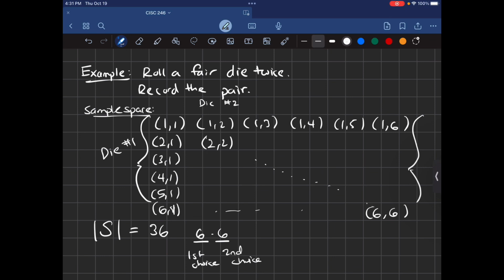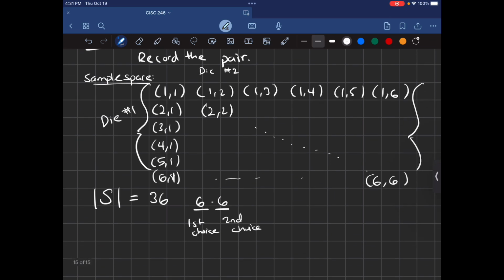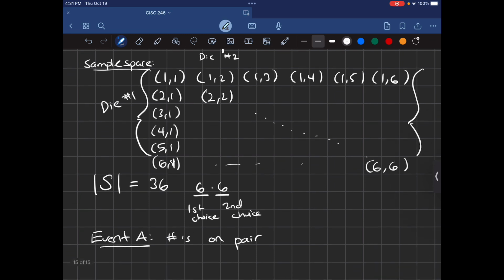And what's an event? We'll define an event in this situation. Event A will be the numbers on the pair are matching. So for example, event A could be 1,1; 2,2; 3,3; 4,4; 5,5; and 6,6. There we go.